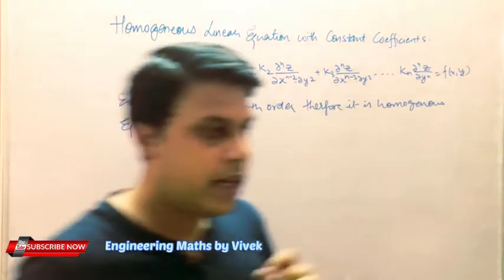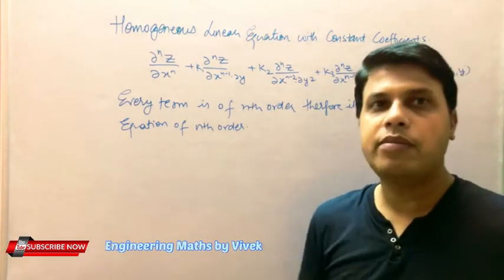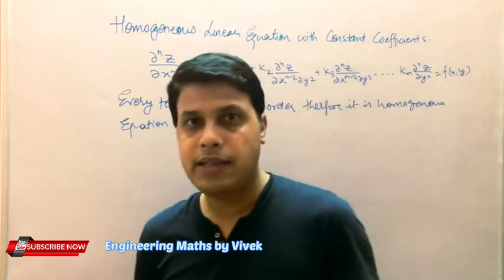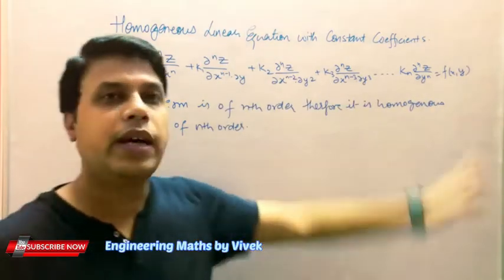So I hope it is clear why we say that it is a homogeneous equation: in every term the order of the differential equation is n, whether you choose the first term, second term or the nth term.